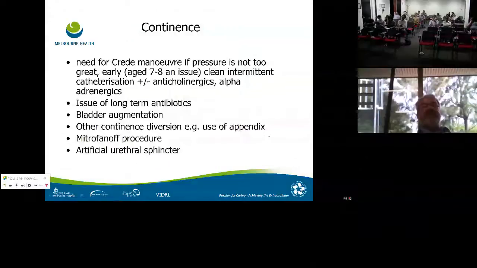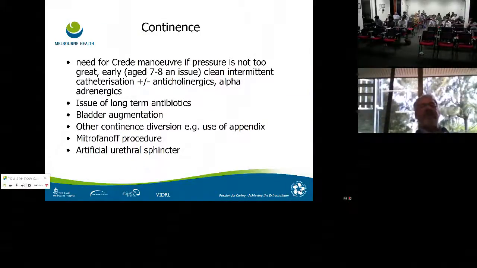Mitrofanoff procedure is where the appendix is upended and used as a continence diversion with a stoma that can be much easier to catheterize, both by patients and by family members.